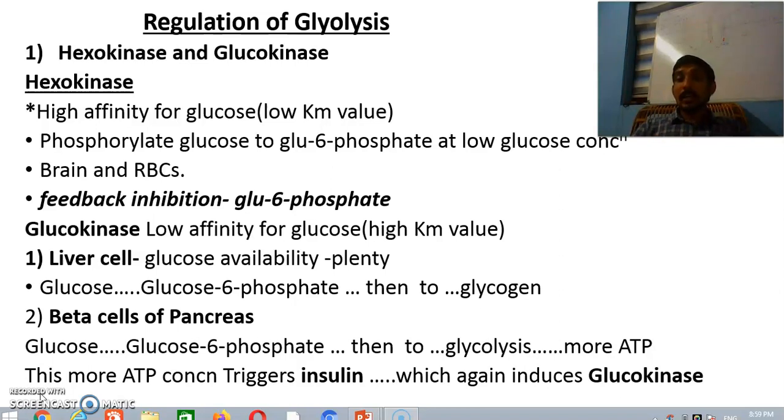Like that, brain cells produce energy only from two substrates: one is glucose and the second is ketone bodies. Other cells in our body can produce energy from carbohydrate, protein, fat, fatty acid, everything, different kinds of respiratory substrate, whereas brain cells produce energy from glucose and ketone bodies, and ketone bodies only in crucial conditions.